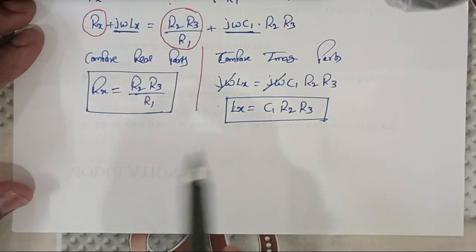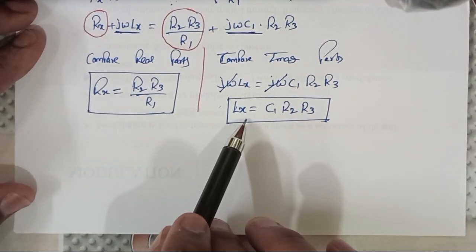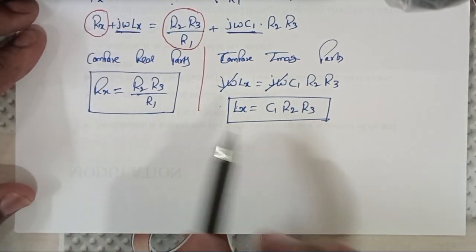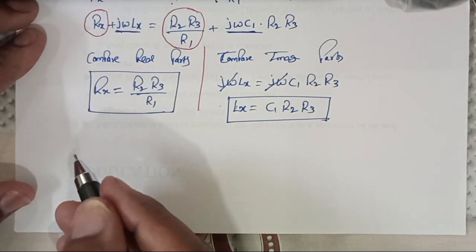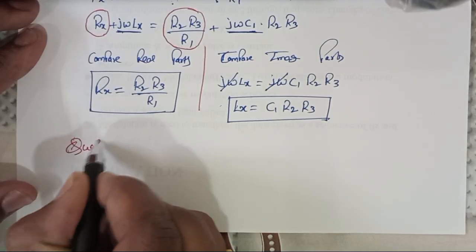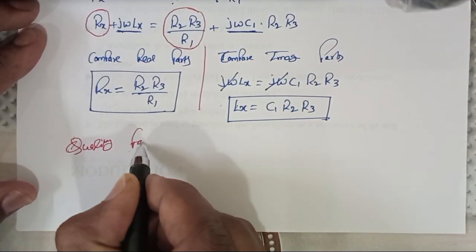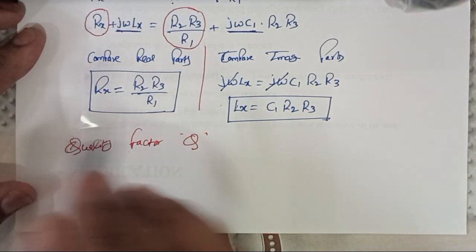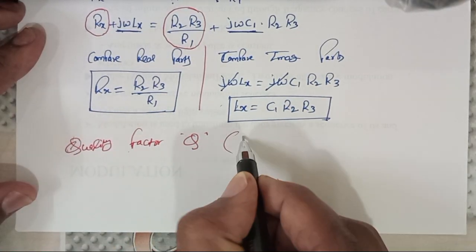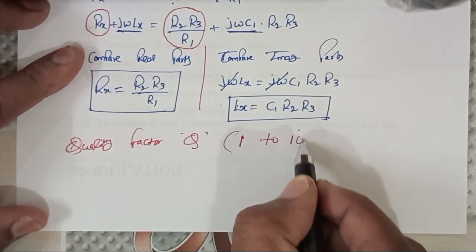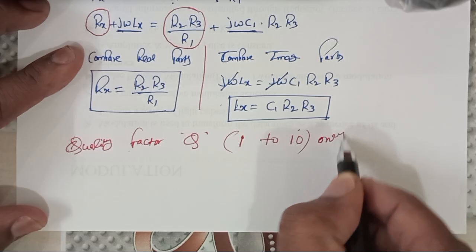Like this, we can find the values of inductance by using Maxwell's bridge. Here we can also calculate the quality factor Q. This Maxwell bridge is limited to a quality factor of 1 to 10 only.